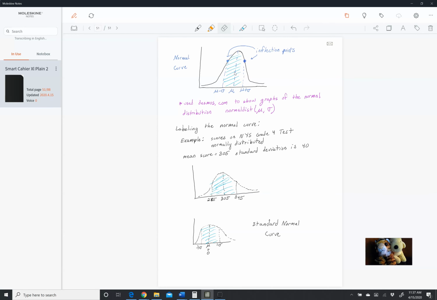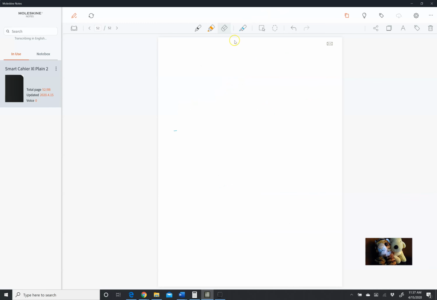And I'm going to do the best that I can. Let me do it in black. Okay, so the center is labeled as 0.